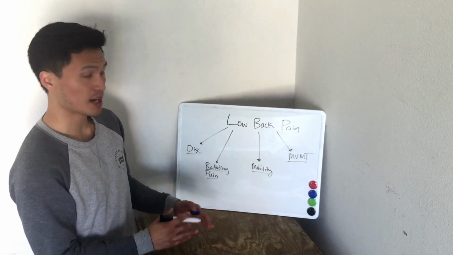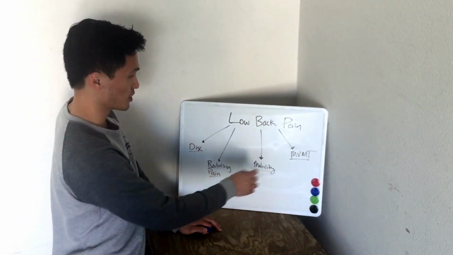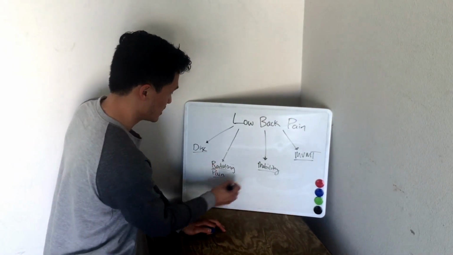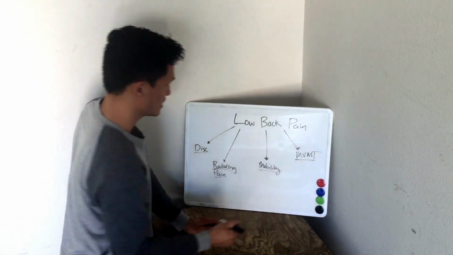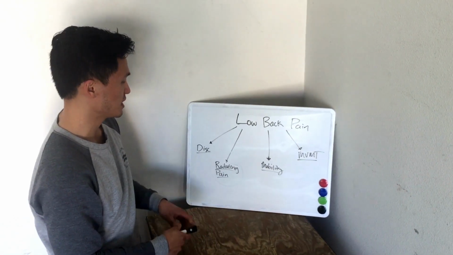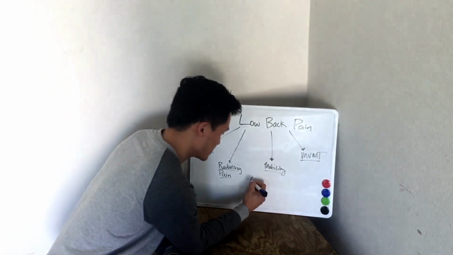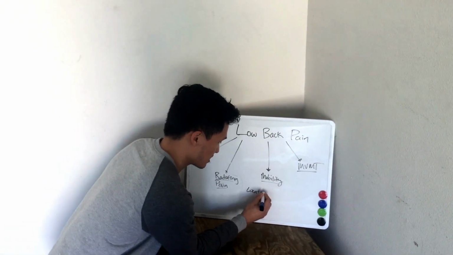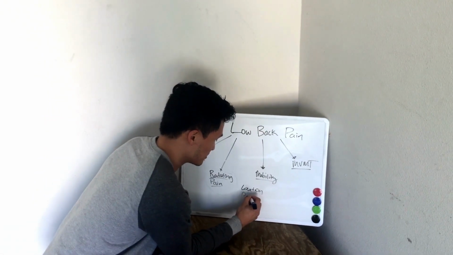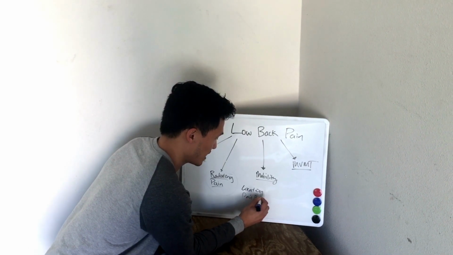Alright, now just to recap what we said about those 4 categories, we're going to mainly focus on these 2 categories right here, radiating pain and movement. We're going to talk about location, and we're going to talk about pain behavior. So the location of the pain and the behavior.